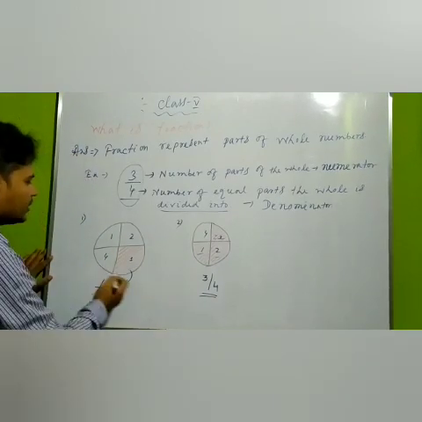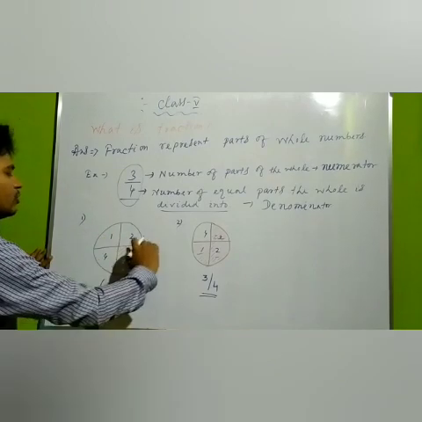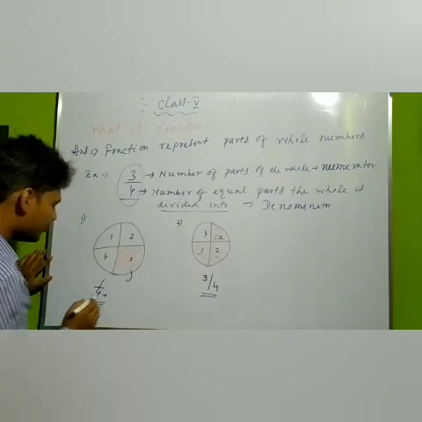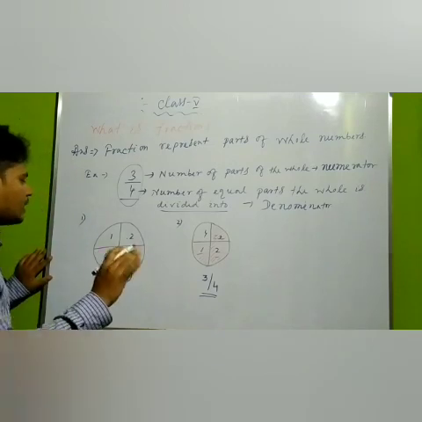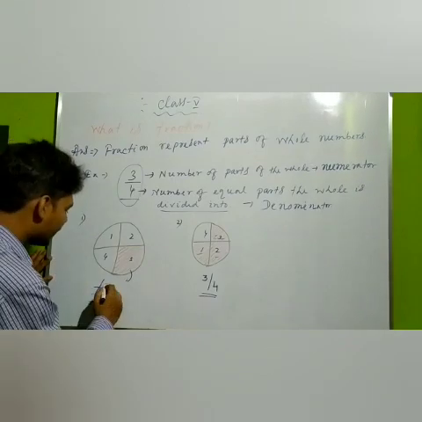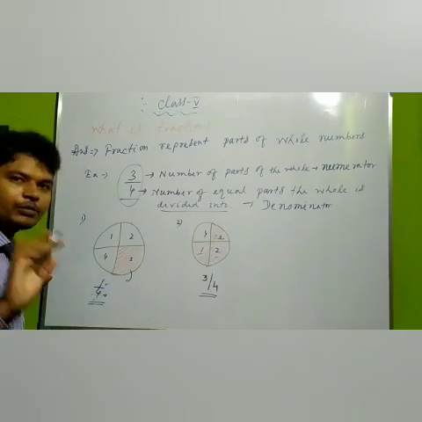Here we have divided this whole cake into 4 portions, so we write down this 4 in the lower portion, and out of this 4 you have taken only 1, so you write down this 1 in the upper portion.